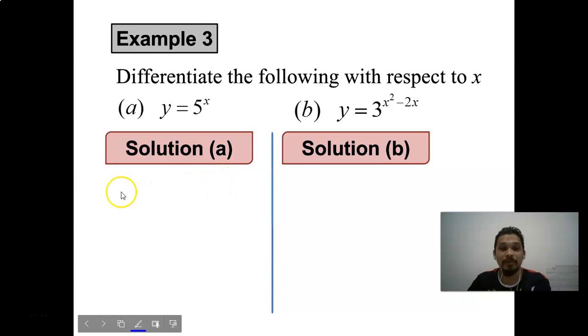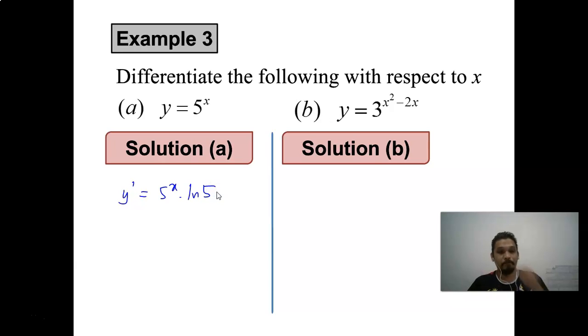Okay, so now, what about this one here now? y equals 5 to the power of x, so then y prime equal to 5 to the power of x natural log of 5. Okay.